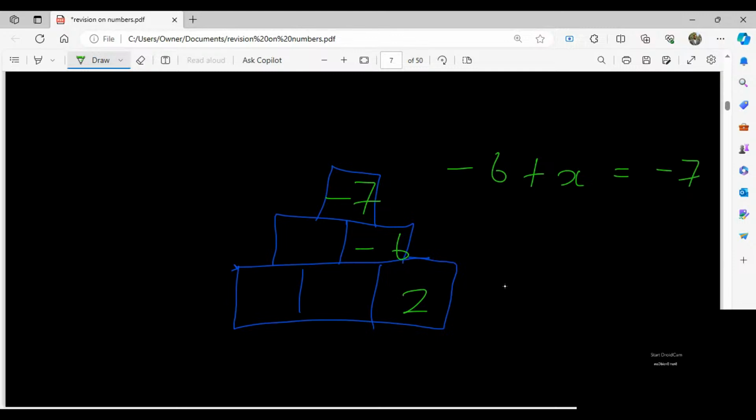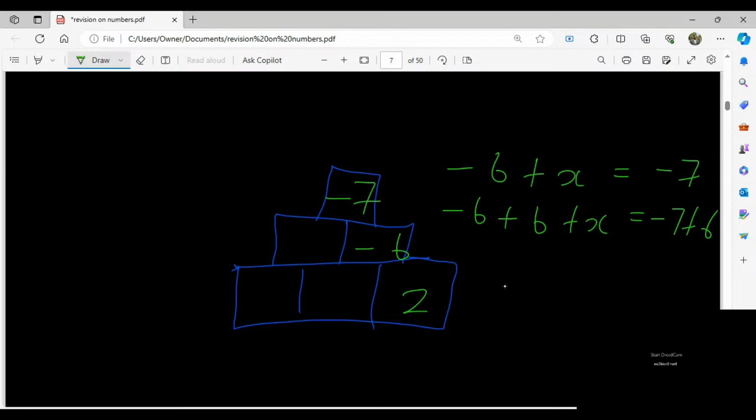Okay, so according to the rules of algebra, if we want to remain with this x, we are going to have to add a positive number here so as to eliminate this minus 6 so that it gets to 0. So minus 6 plus 6 plus x equals to minus 7 plus 6.